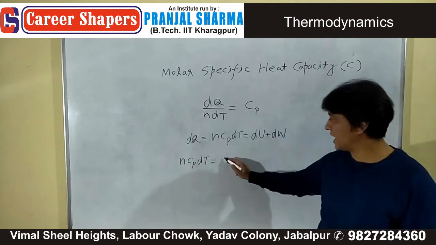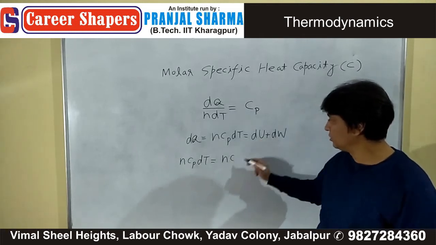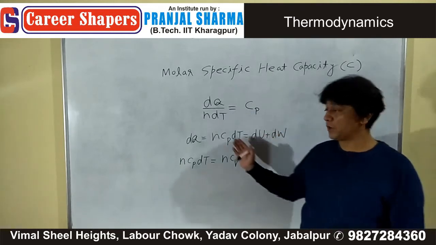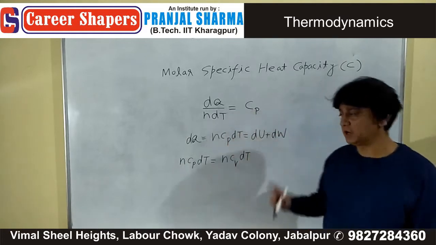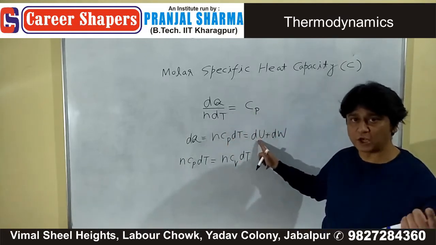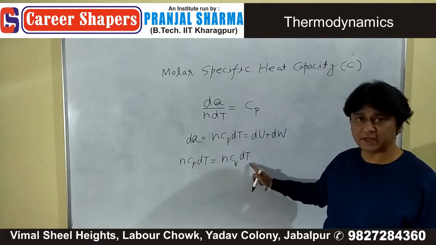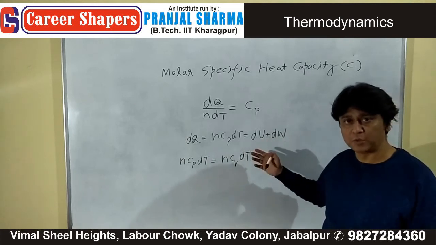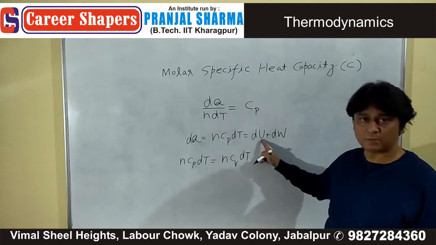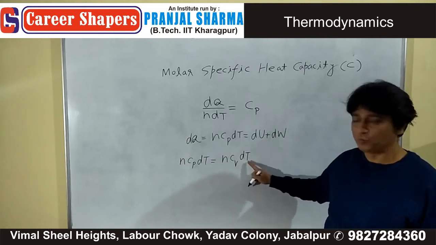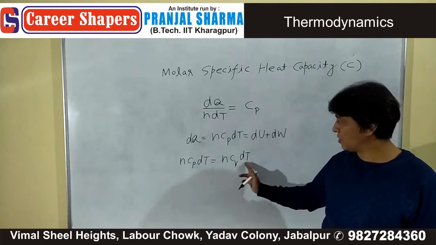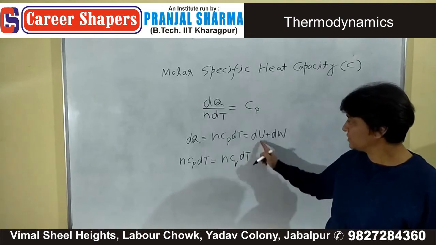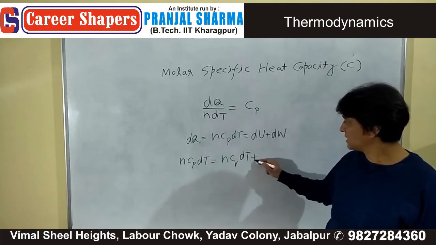I told you that for any type of process, dU is nCv dT. Although we are discussing an isobaric process, we know that dU, its value is nCv dT. This time round, it has nothing to do with constant volume. It's just that U, as a function of temperature, we have developed and we found that the coefficient in front of T is nCv. So, this is your dU plus dW.